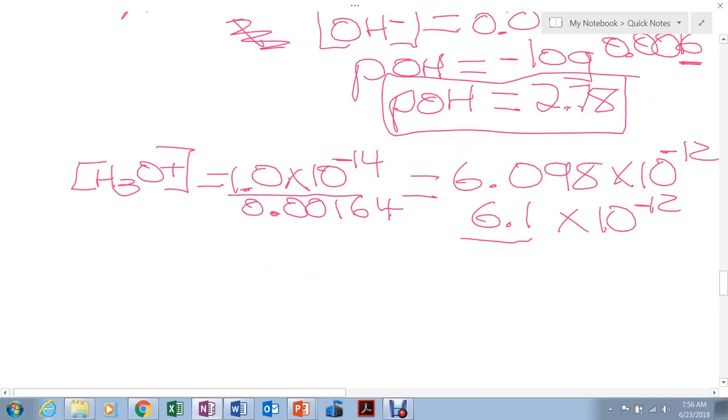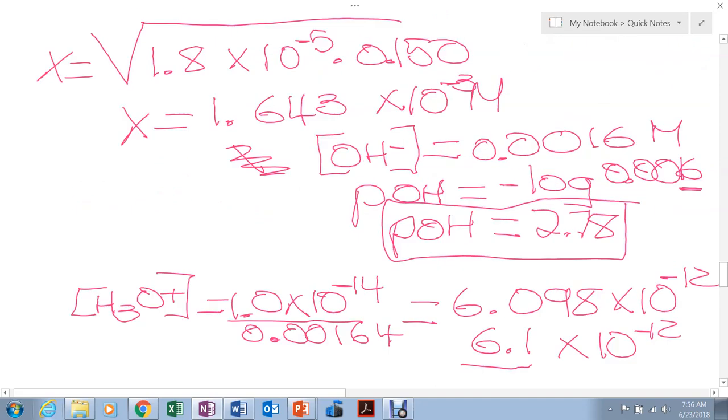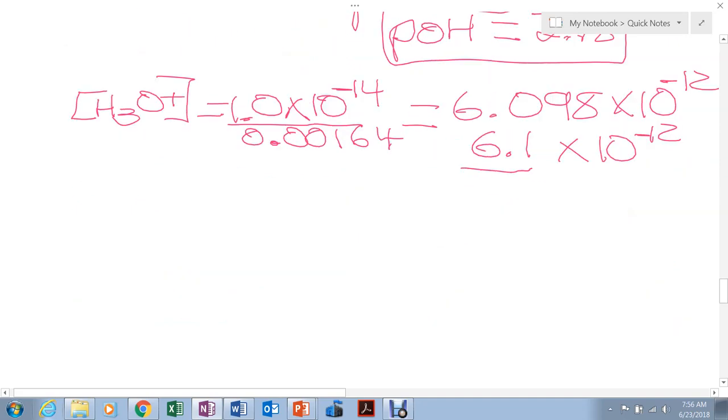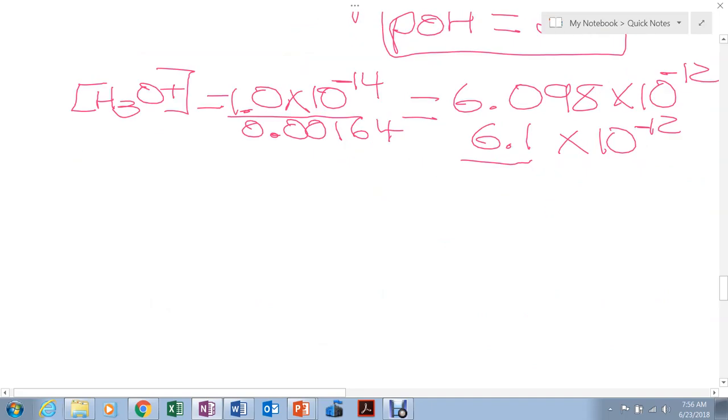If not, it's going to mark it wrong. Both values, pOH and pH, are 2 decimals, of course. But the concentration of OH, you have to put with 2 sig figs, and the concentration of H3O too, because they're considering the 1.8 times 10 to the negative 5, which is the Kb, as 2 significant figures. So we got here 6.1, you enter that value.